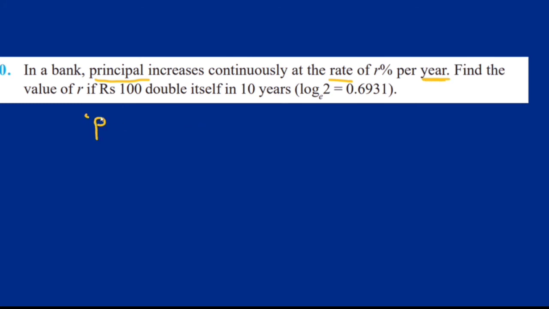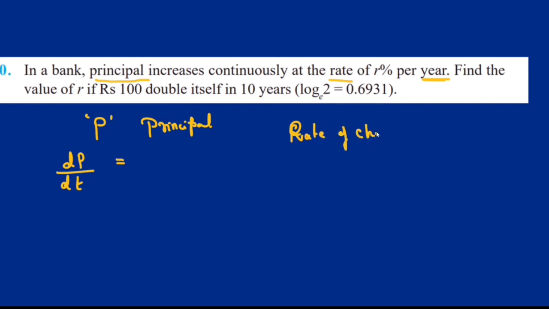Let P be the principal. Now dP by dt, that is, it is changing with respect to time. How is it changing? R percentage.